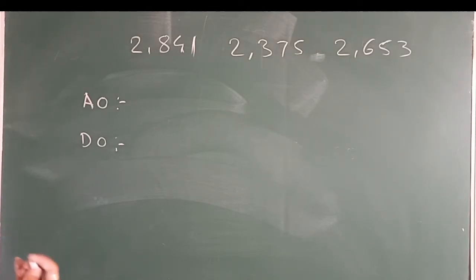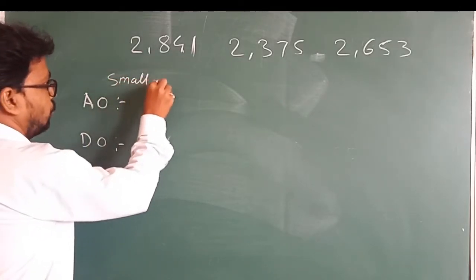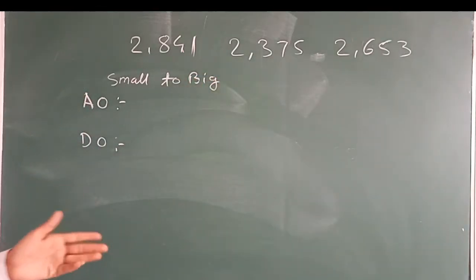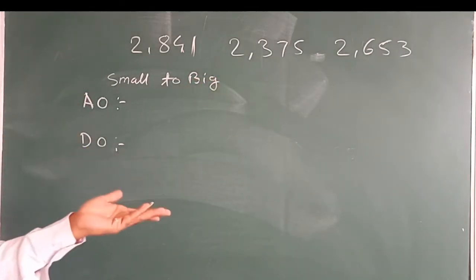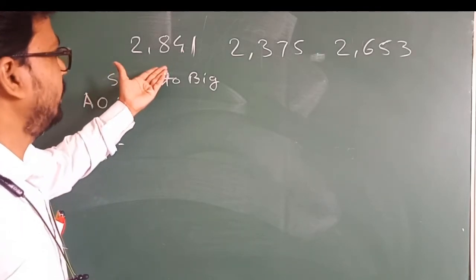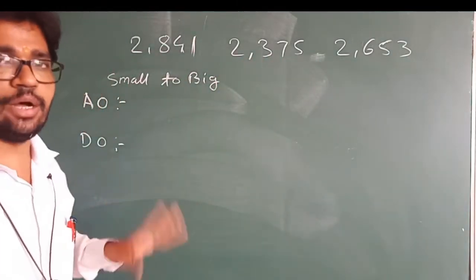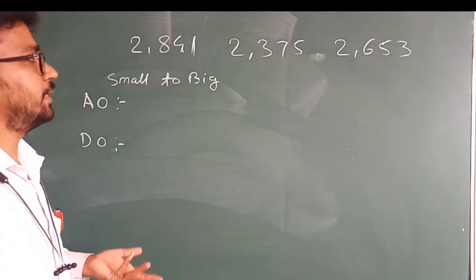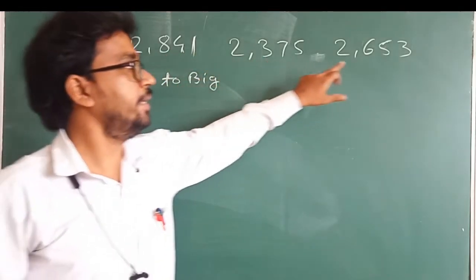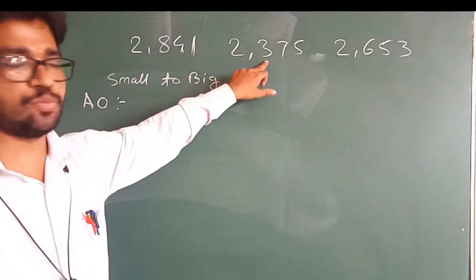So in ascending order, we need smaller to bigger, small to big. Okay. So which is the smaller one? See here 2000, 2000, 2000 means 1000 place is same. Now we compare the 100 place. Here it is 800, here it is 300, and here it is 600. So which is smaller? 300 is the smaller.